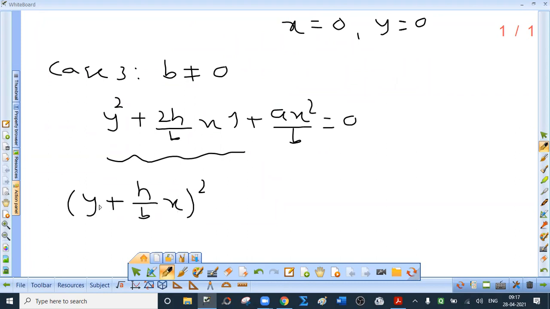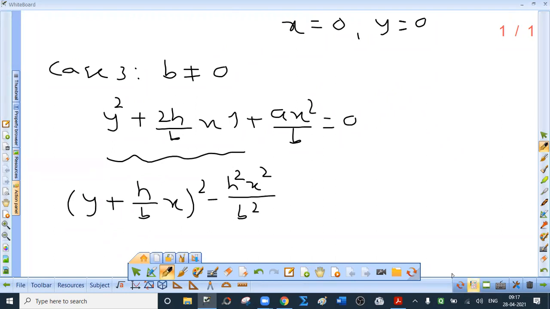See, what is a plus b whole square? a square plus twice ab plus square of the second. This term is not there. So what I do is I have added h square x square upon b square, to make it balanced, I will subtract h square x square upon b square.